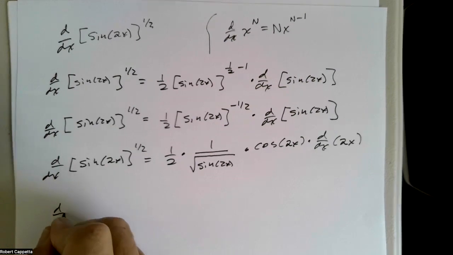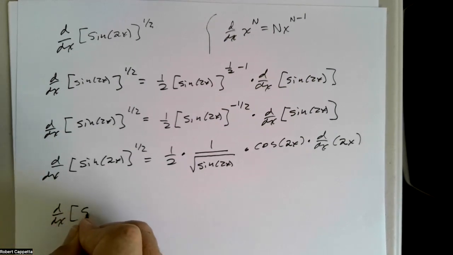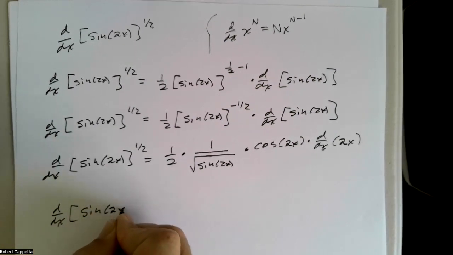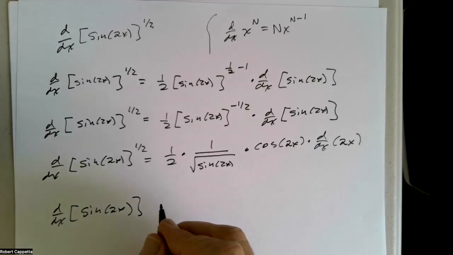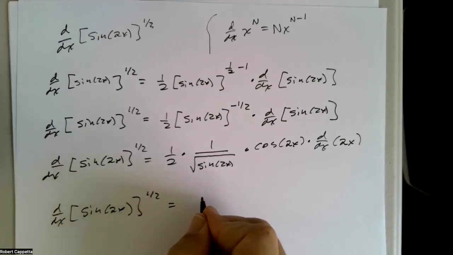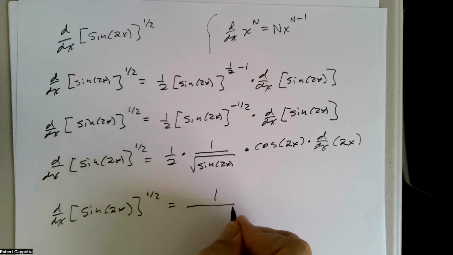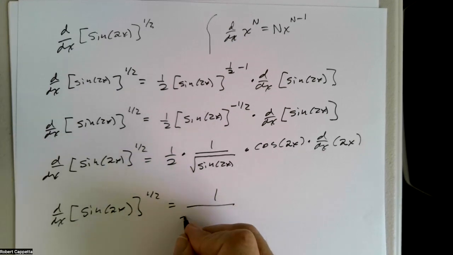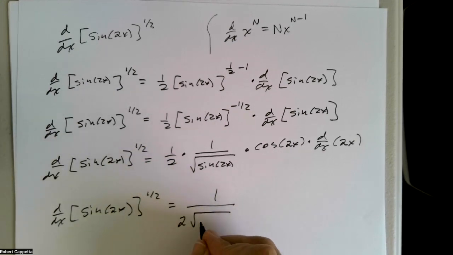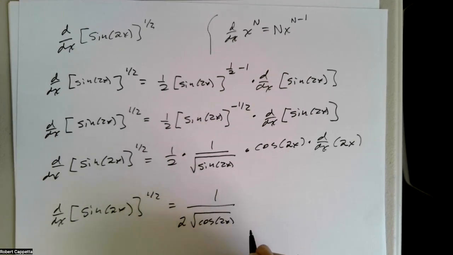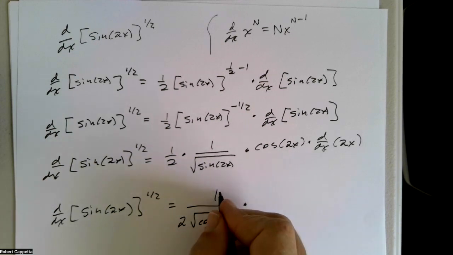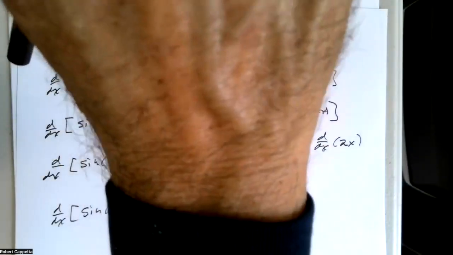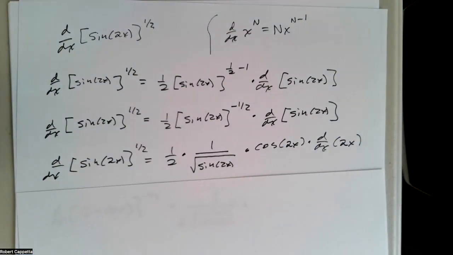Here at the derivative with respect to x of sine 2x to the 1/2 power equals, this can become 1 over 2 times the square root of cos 2x times cos 2x. Excuse me, that's an error. Let's quickly fix that.